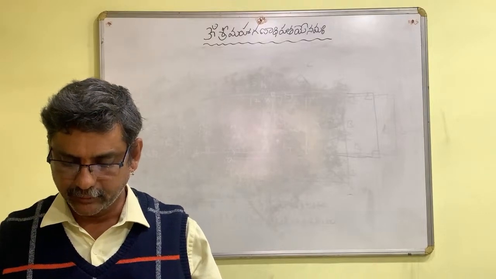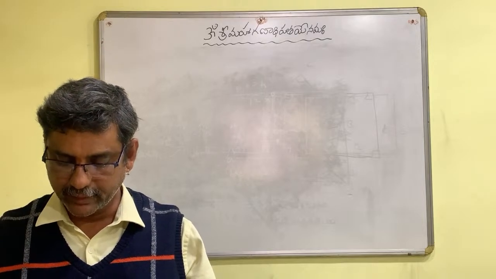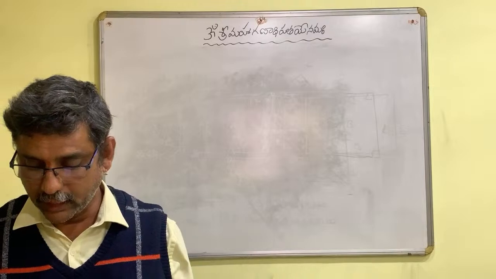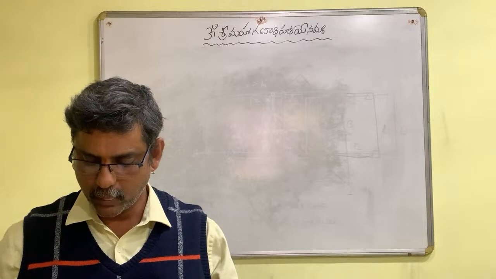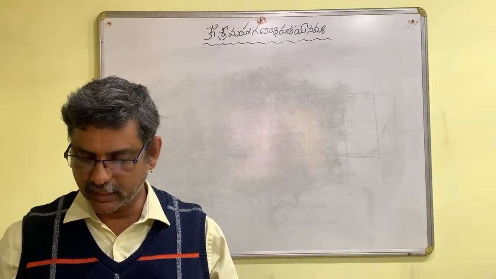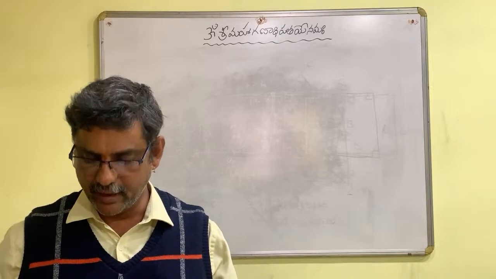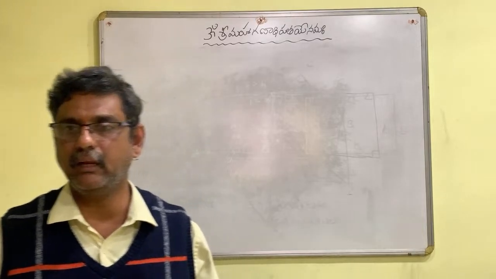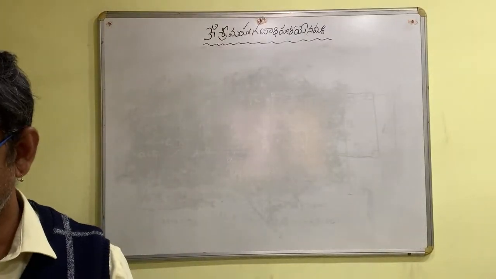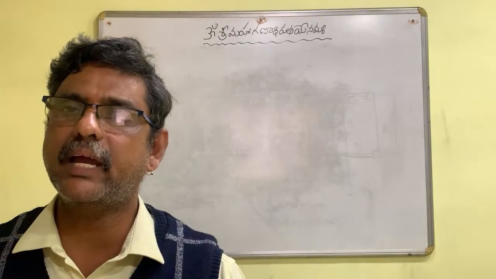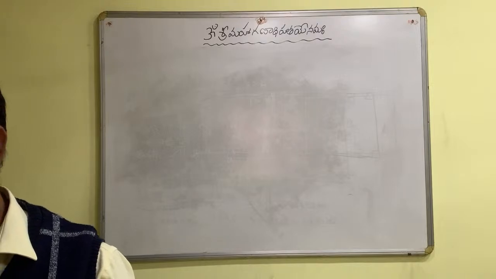Now question number 7. The quadrilateral formed by joining the midpoints of the sides of a quadrilateral PQRS taken in order is a rectangle. Then what is PQRS?